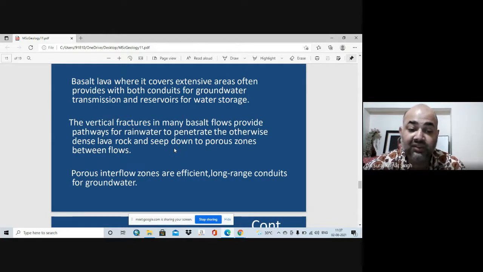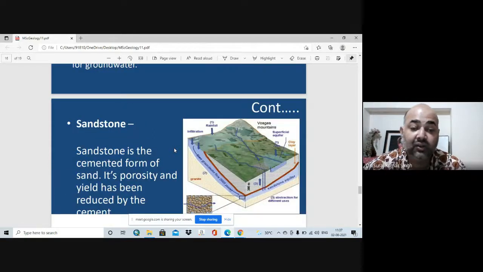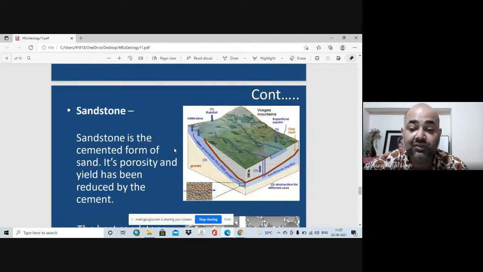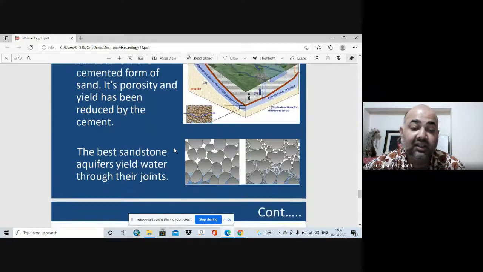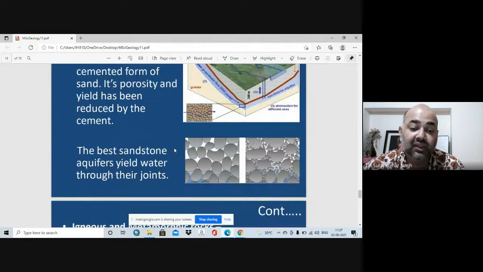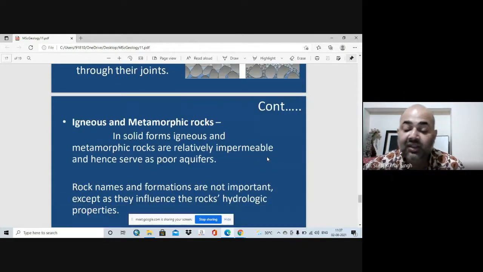The porous interflow zones are effective long-range conduits for the groundwater. Then you have sandstone. Sandstone is a cemented form of sand. Its porosity and yield have been reduced by the cementing material, and the best sandstone aquifers yield water through joints. Otherwise, because of the cementing material, you will find difficulty in penetration.